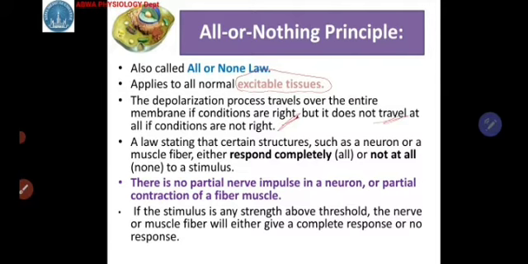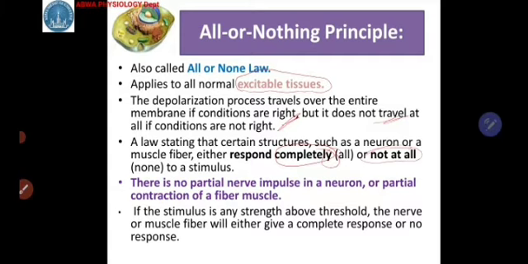A law stating that certain structures such as neurons and muscle fibers either respond completely or not at all. There is no partial nerve impulse in a neuron or a partial contraction of a muscle fiber normally. In a disease, it can happen.